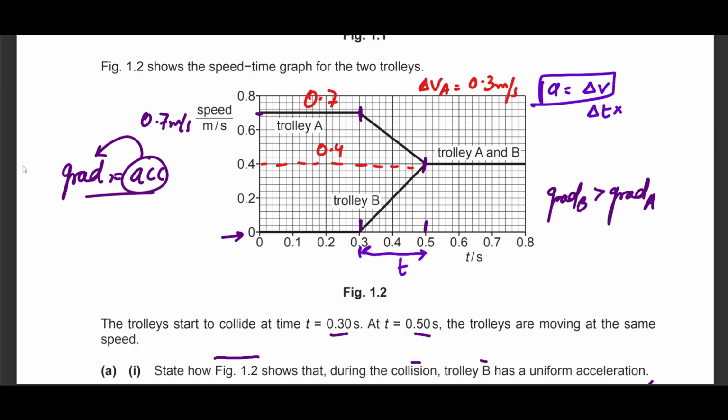Trolley B, however, is 0 meters per second at the start of the collision, and at the end of the collision it is at 0.4. So the change in velocity of trolley B comes out as 0.4, as it changes from 0 to 0.4. Since, for the same time frame, the change in velocity of B is greater than the change in velocity of A, the acceleration of B would be greater.